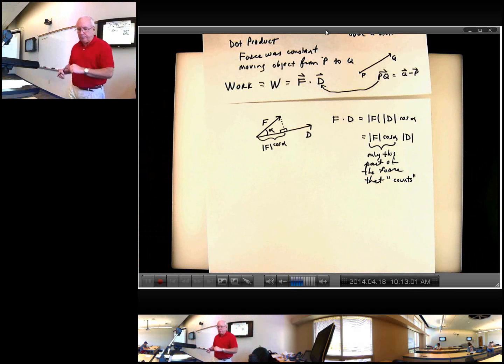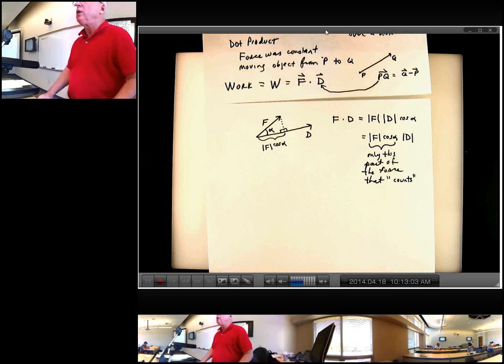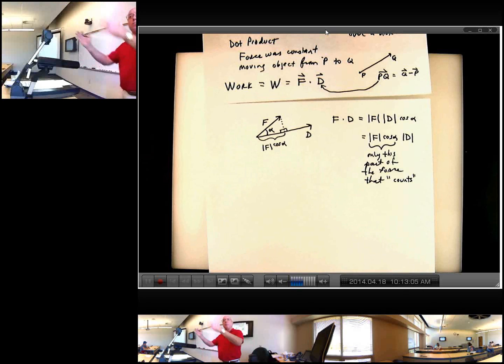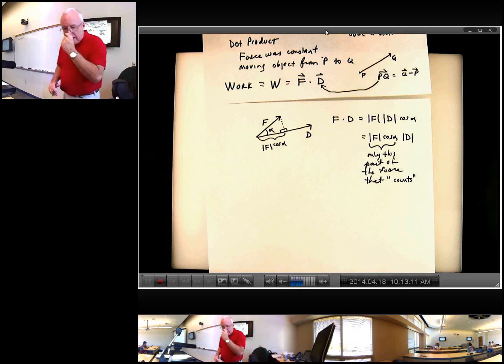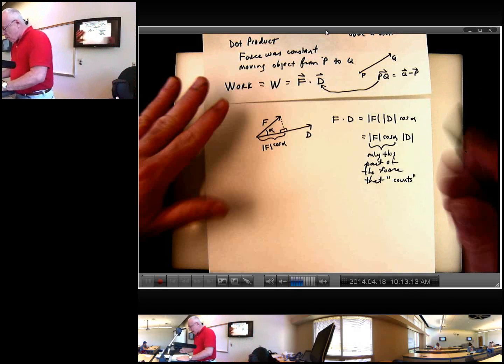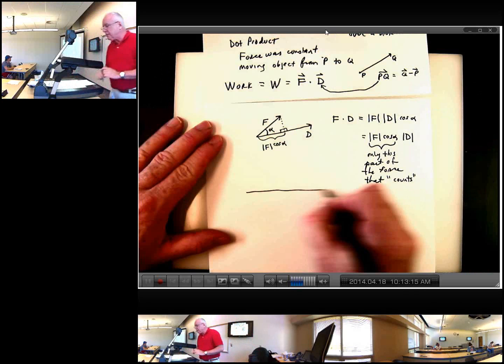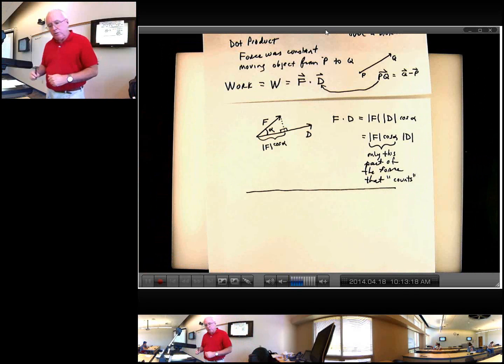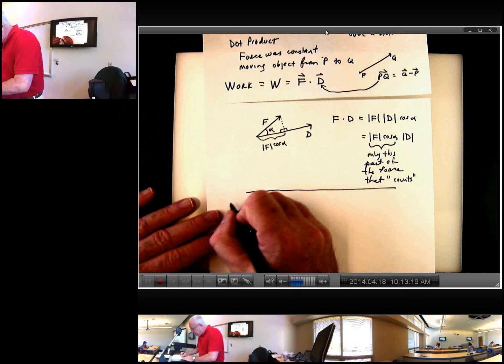It doesn't help you in any way with going the distance. It's just in the wrong direction. Now, what we are talking about is instead of the force being a constant, a variable force field.